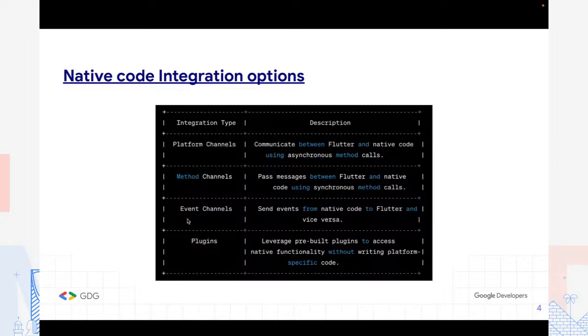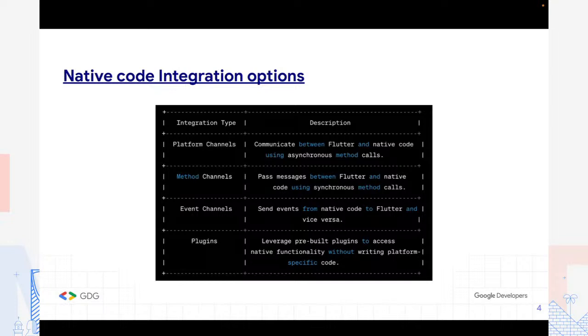And the third option is the event channels, which send the events from the native code to Flutter and vice versa. Obviously, when the connection is established between the Flutter app and the native app, the messages will have to be passed, right? So when I request the battery percentage from my Flutter app, my Android app is going to respond, and it's going to pass the message or the data that I'm looking for.